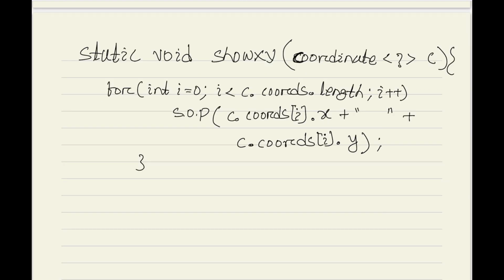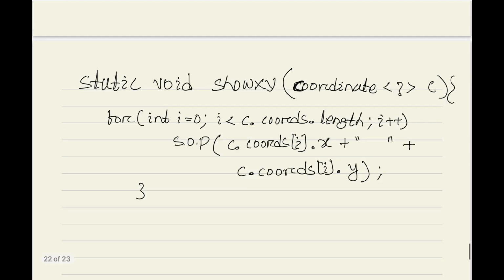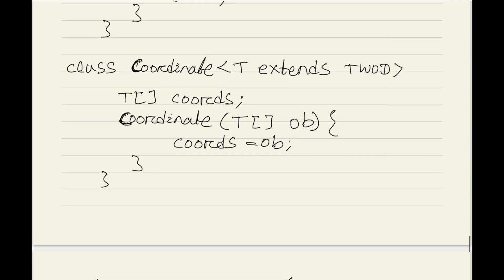So here you can observe coordinate is a bounded generic type that specifies 2D as an upper bound. So all the objects that can be used to create a coordinate object will be arrays of type 2D or of classes derived from 2D.